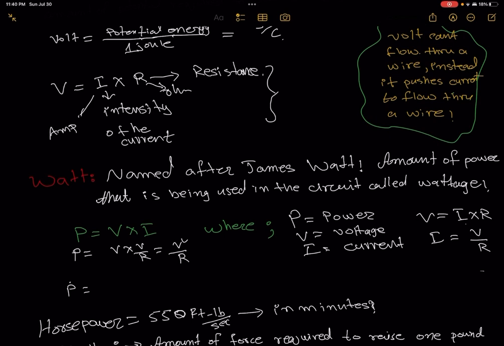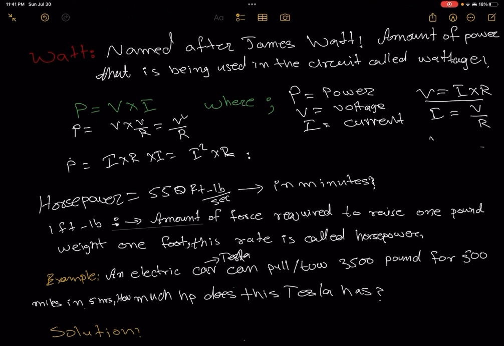We have an I right there, but V is equal to I times R, right? So we can use this and substitute it here. It will be I times R times I. That will become I squared times R. That is the third formula for watt or power. So we can use either of these to compute the watt, or the power, of a circuit.